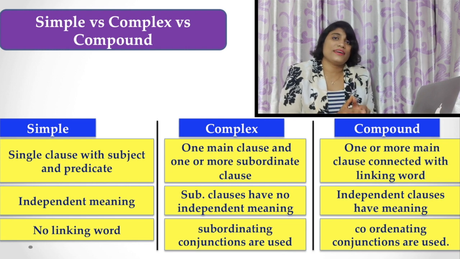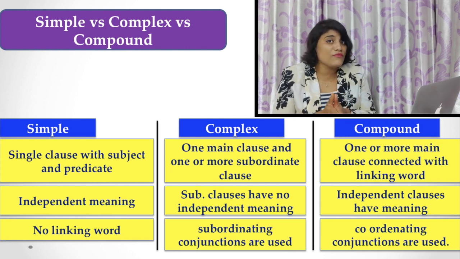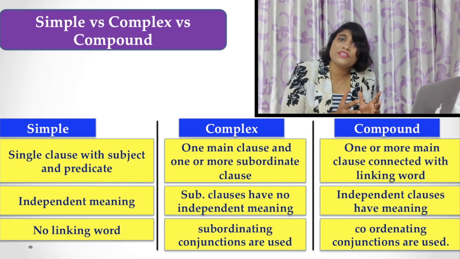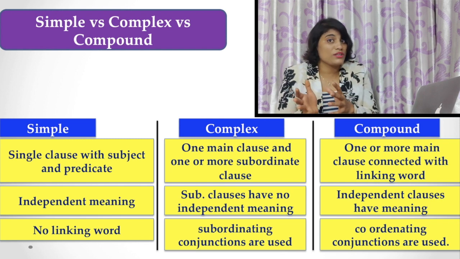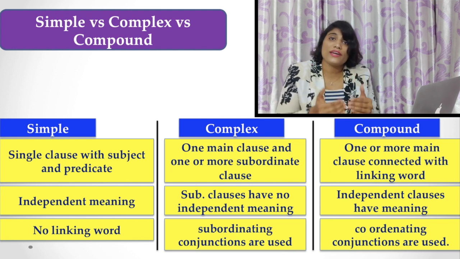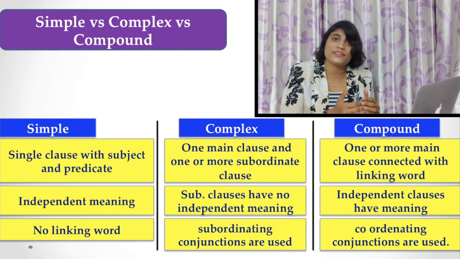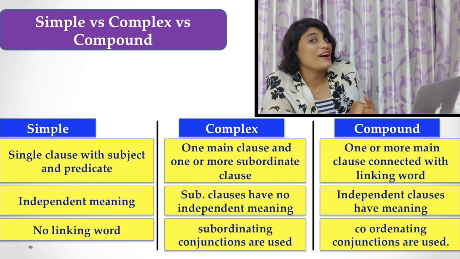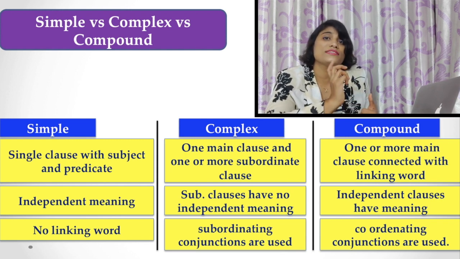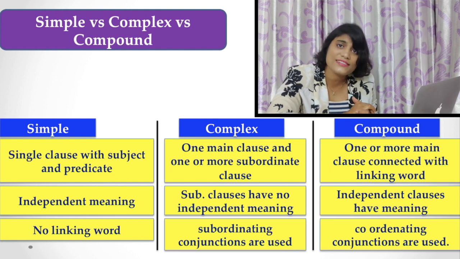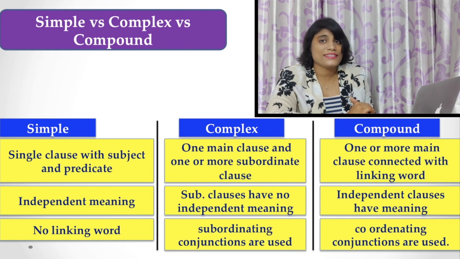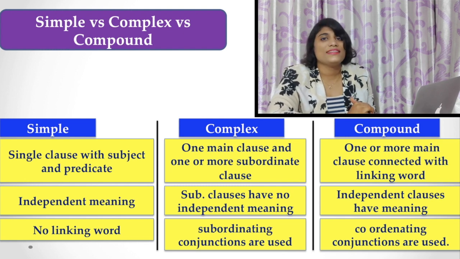In a simple sentence, we do not find any linking word joining two main clauses or two finite verbs, because a simple sentence contains only one finite verb. But in a complex sentence, we find a subordinate clause and subordinating conjunctions are used. And in a compound sentence, coordinating conjunctions and coordinated clauses are used.